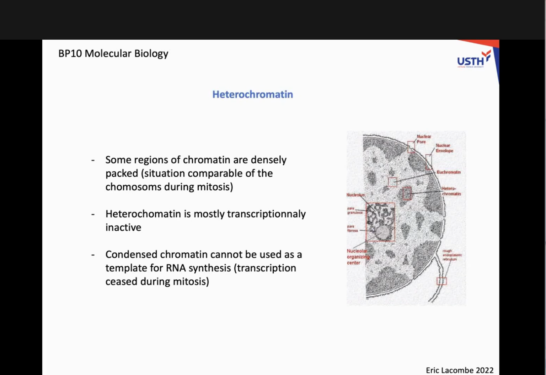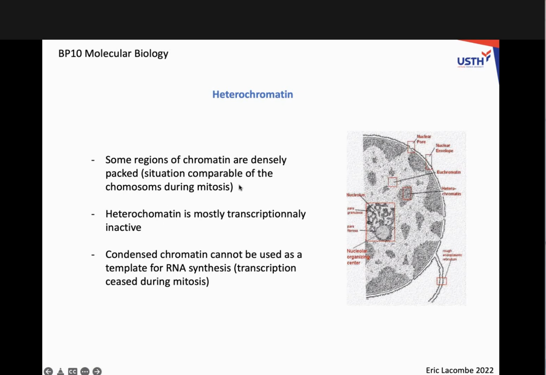At that stage, the genetic material, the DNA, is extremely packed. If we compare the state of heterochromatin to this chromosome during mitosis, it's extremely similar. So these regions of the genomic DNA are extremely packed, and the gray ones are relaxed.